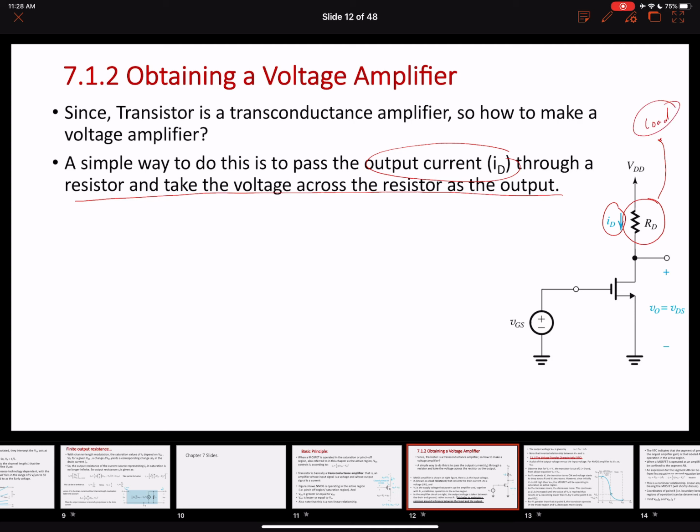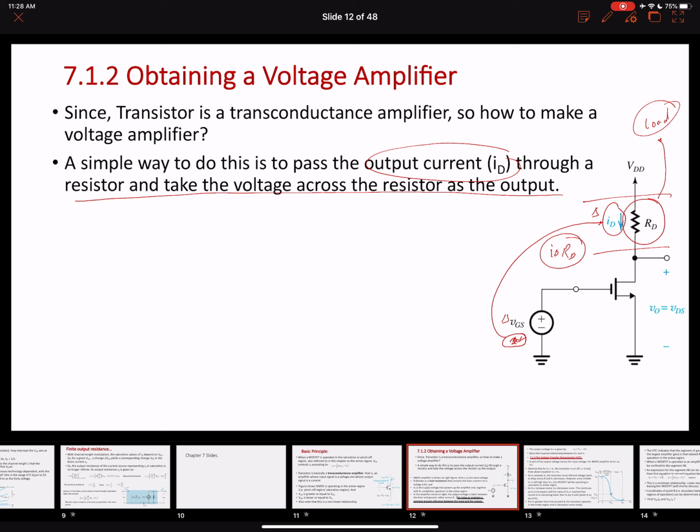Whenever we make any variation in the gate to source voltage, it will be translated into changes in the drain current, and that will end up changing the value of the product IDRD. So the potential drop across IDRD will change.